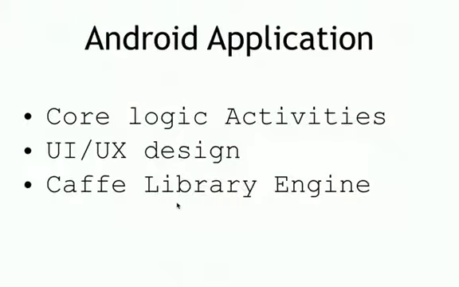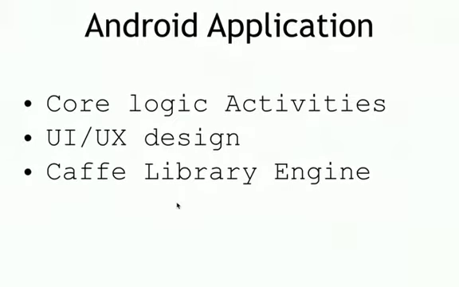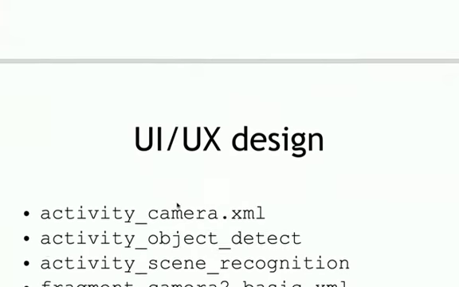Our Android application has three core implementations. There are core logic activities, where the core logic of our application is implemented; a UX UI design layer, which in Android is implemented in XML files; and a Caffe engine library, which is used for processing the image.